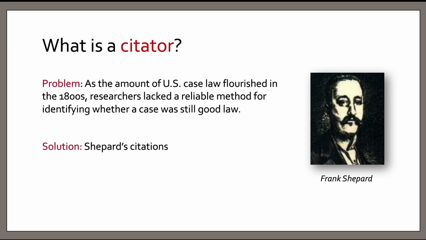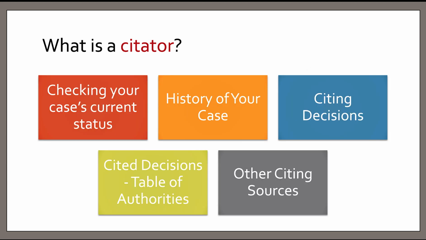The publication changed names and formats over time, and in 1998, LexisNexis bought the rights to Shepard citations and released the first online version, Shepard Citation Service, in 1999. The success of Shepard's spawned similar products by competitors, such as West's KeyCite, Bloomberg Law's B-Cite, and even the Science Citation Index was inspired by Shepard citations.